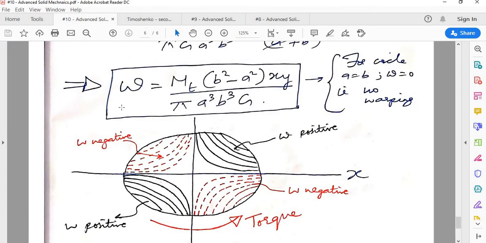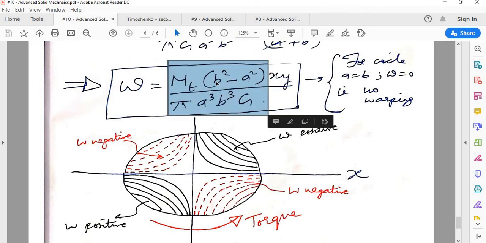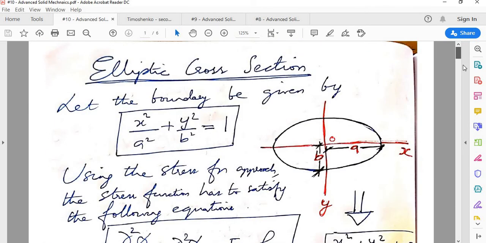Actually, I thought of using Excel to plot this, but I was concerned that the length of the video would be large, so I avoided that. But it is not very tough to visualize this. So first of all, w is a constant into xy. Here this constant will be negative, because b square is lesser than a square, because b is our minor axis, a is our major axis.